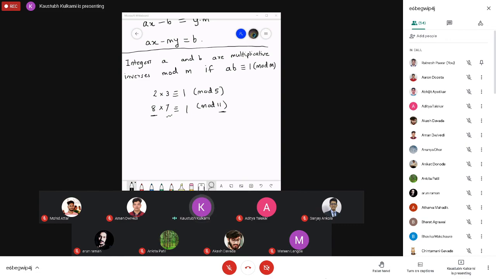So 8 mod 11, 16 mod 11, 24 mod 11, 32, 40, 48. Finally at 56 mod 11, I'm very sorry, mod is 11, you get the remainder as 1. And therefore, 7 is the inverse that we are looking for.